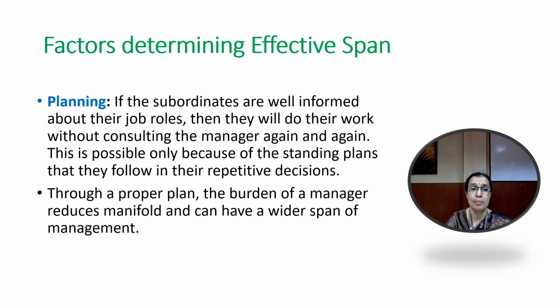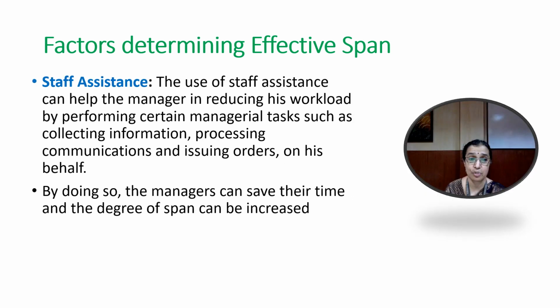If they are well informed about what exactly the job roles are, and it is a routine job where they know exactly what they have to do, then you can go for a wider span. If there are changes happening every time, or planning is required every now and then and the support of the supervisor is required, then it is better to go for a narrow span.